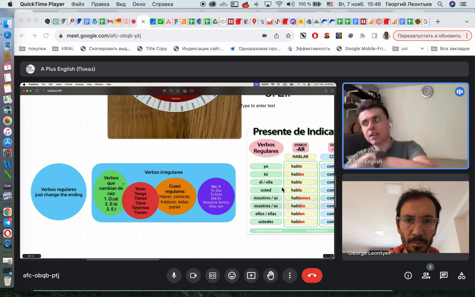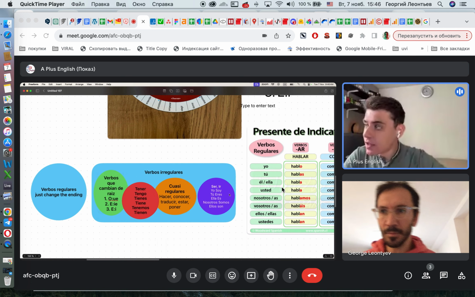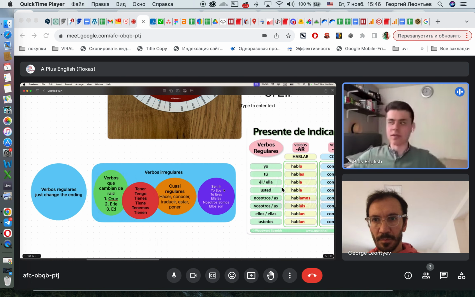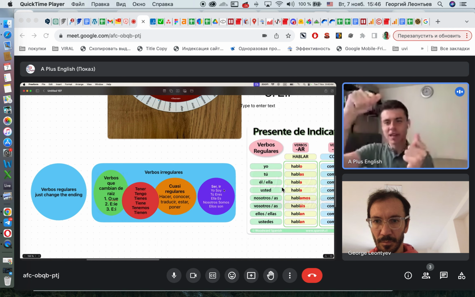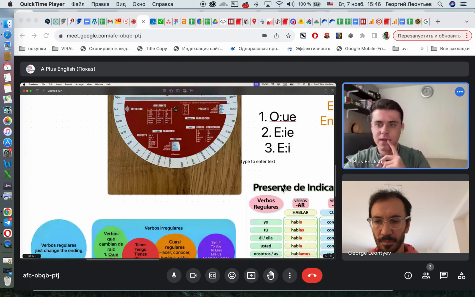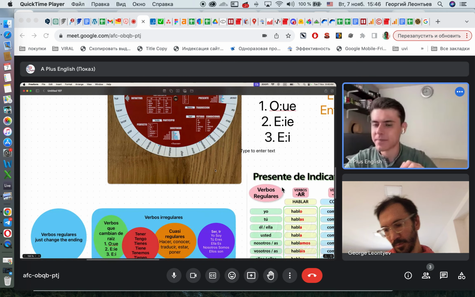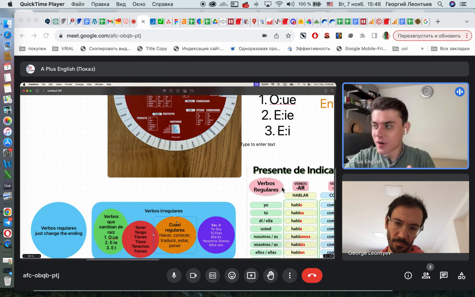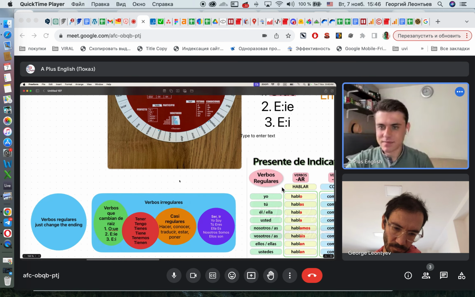And then on the other side, there are irregular verbs, and irregular verbs can be different types. Irregular verbs that are completely irregular, like the verb ser or ir. If you go on your table and you put the verb ser or ir, it's going to be completely irregular. Yo soy, tú eres, it's all over the place, right?